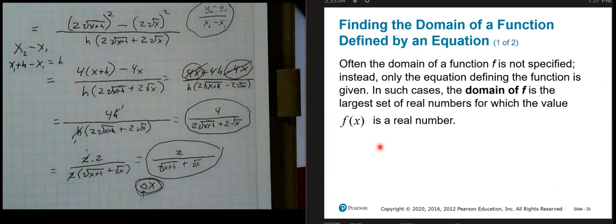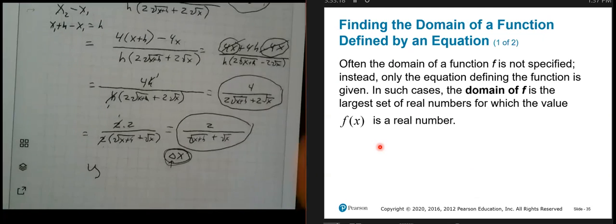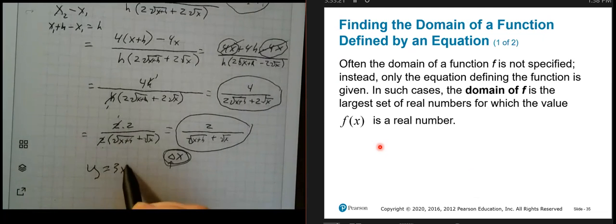So we'll start talking about the domain of an equation. The domain of functions defined by an equation. So if you have something like y equals 3x squared minus 1 over x, what numbers can I use in that function? Or if I have y equals the square root of 2x minus 3x squared, what numbers can I use in this function?